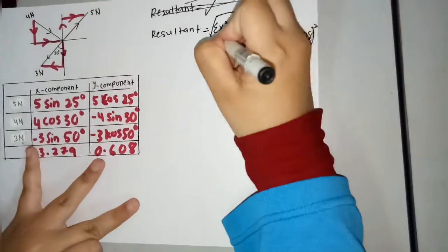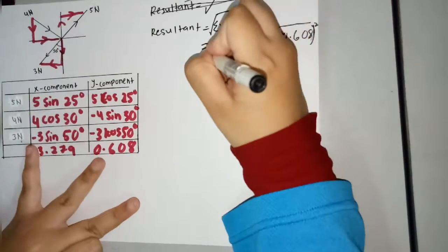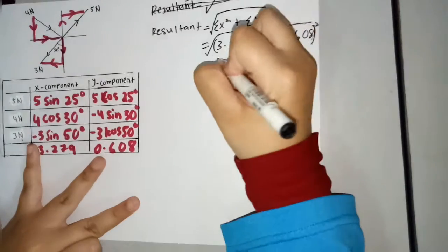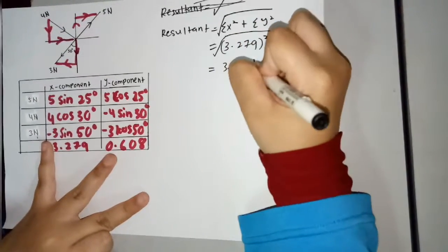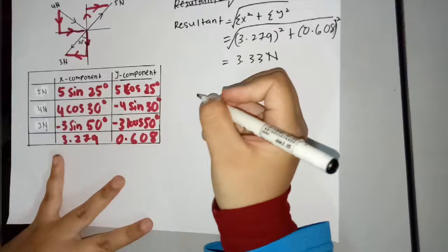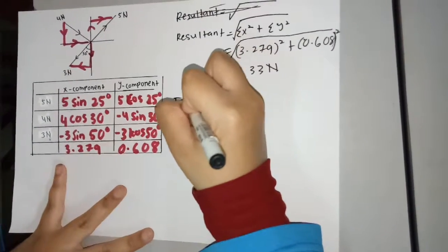And then we square root. So the total is 3.33 Newton.